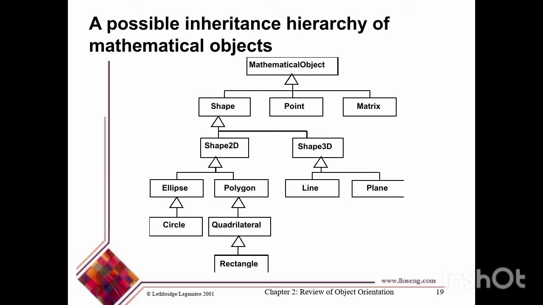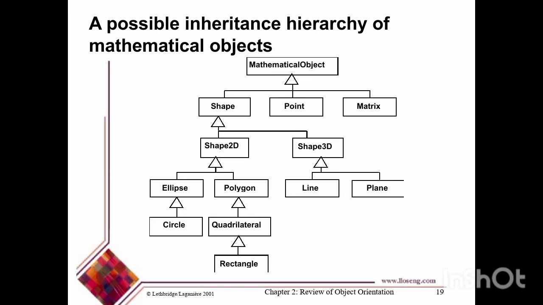One more example: this is the mathematical object. We are taking mathematical object, with the generalization symbol, and derived classes are shape, point and matrix. Shape is the base class of shape 2D and shape 3D, and shape 2D is the superclass of ellipse and polygon, and ellipse is the superclass of circle.